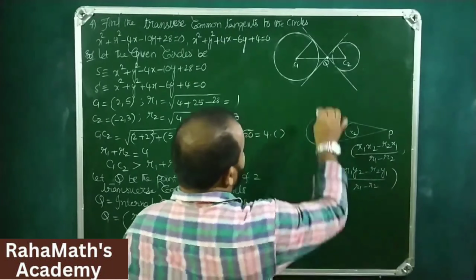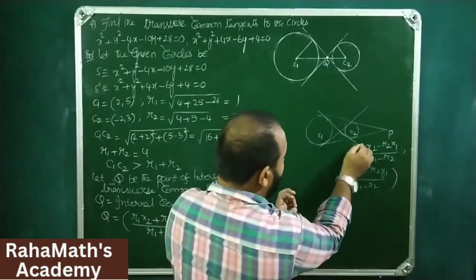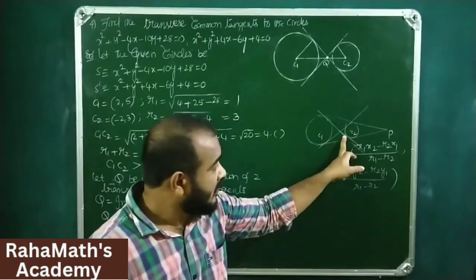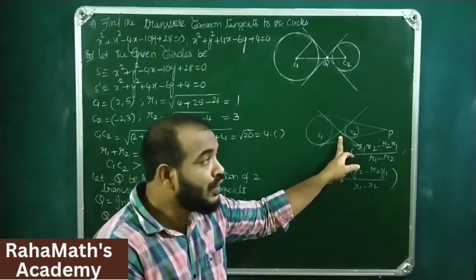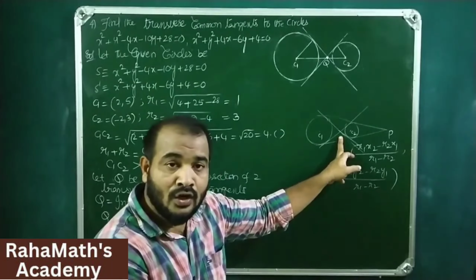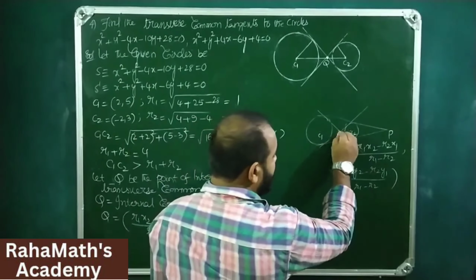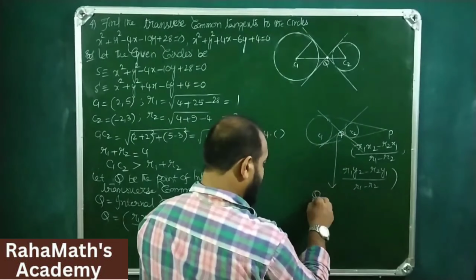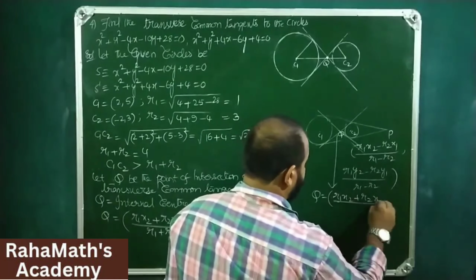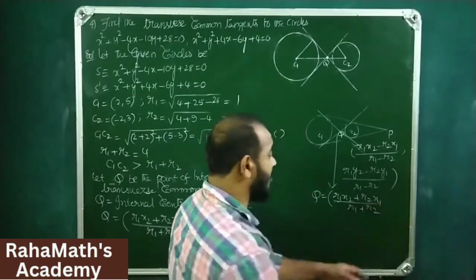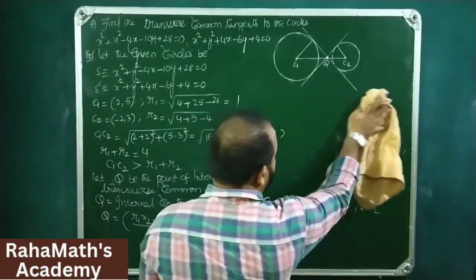This time I want this point of intersection. This point is the result of the intersection of the two transverse common tangents, and that is Q. For this Q, (R1 x2 plus R2 x1) by (R1 plus R2), comma (R1 y2 plus R2 y1) by (R1 plus R2). So let us find this.